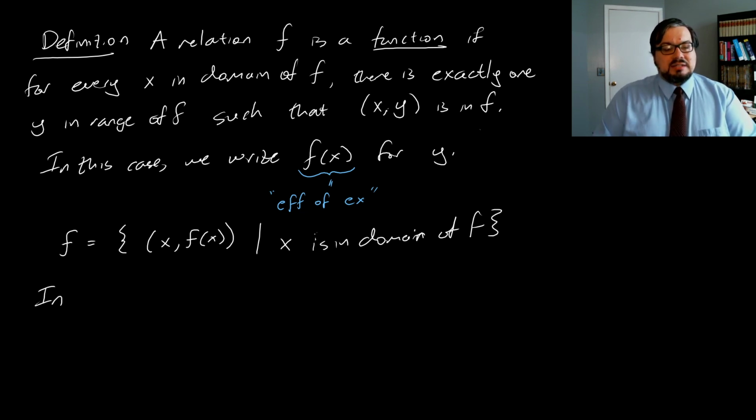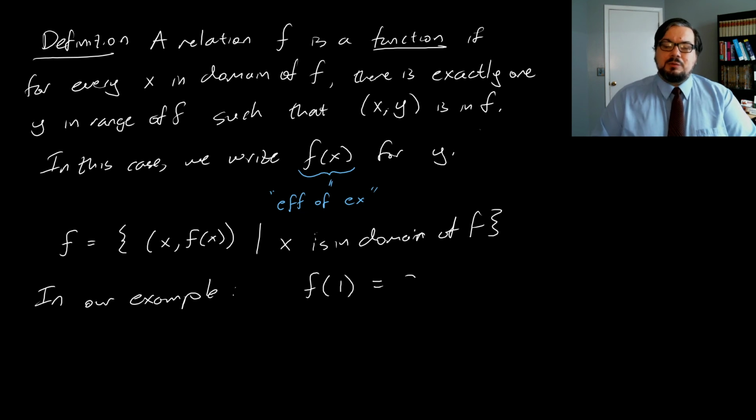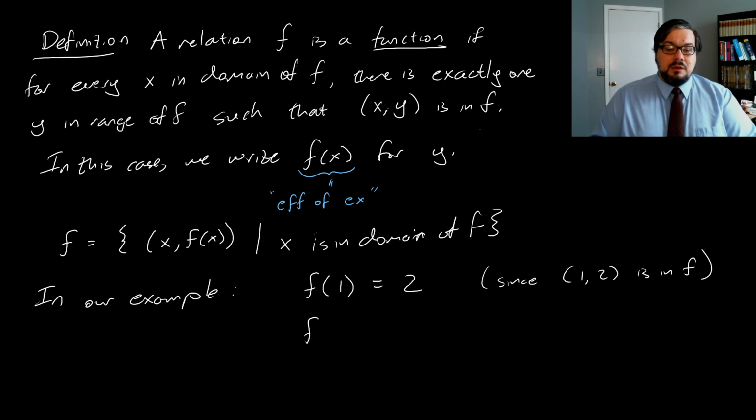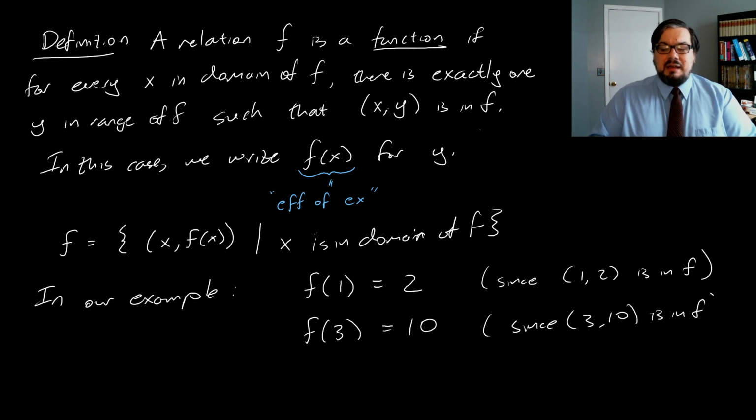So in our example, we have that f of 1 is equal to 2, since the pair 1 comma 2 is in f. And this is using the f that we had before. We have that f of 3 is equal to 10, and again, this is since 3 comma 10 is in f.